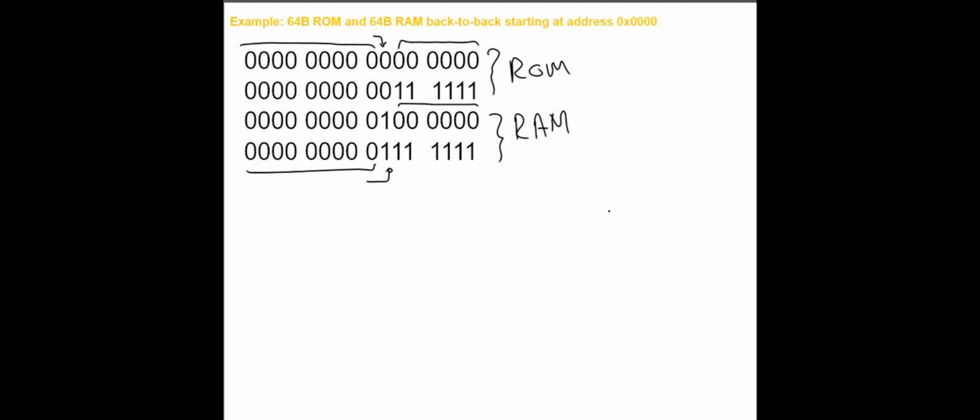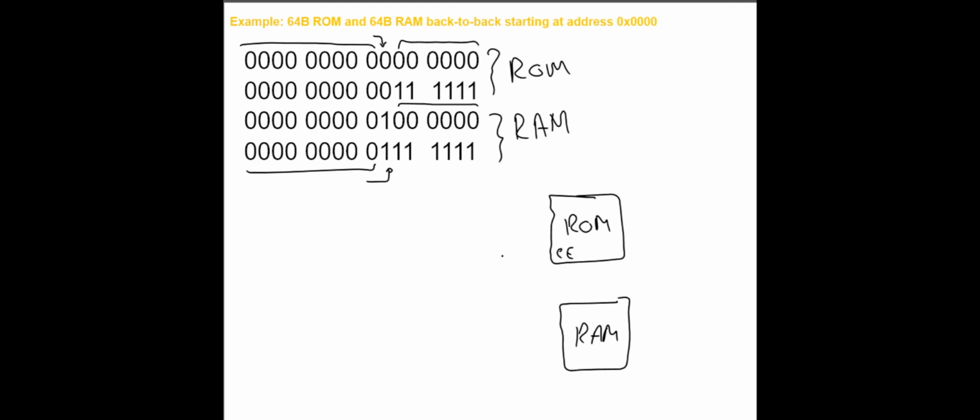So if I hypothetically had that system drawn like this, without having to go inside this RAM and ROM subsystem, like we're not going to show the chips inside these systems. Another way to look at this is if the ROM and the RAM are made out of one chip that is 64 bytes, then what would my chip enable signal have? We said this bit right here is A6, right?